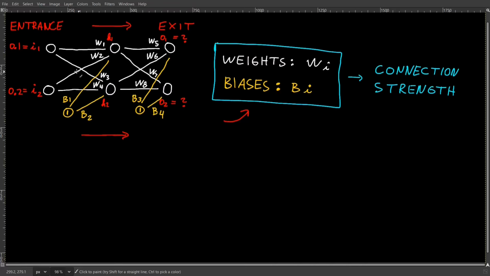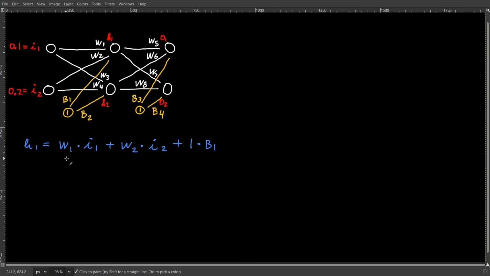Once we have given the network the inputs I1 and I2, we can very easily find the outputs O1 and O2 using linear algebra. H1 can be written like this, and H2 will be this one. You multiply the relevant weights by the values that are assigned to input neurons, and then you multiply the relevant biases by the values in the bias neurons.